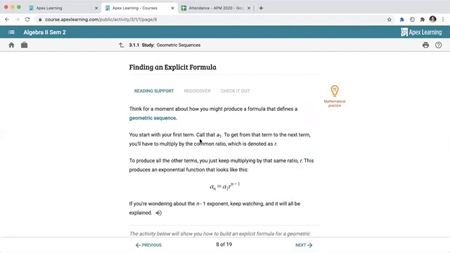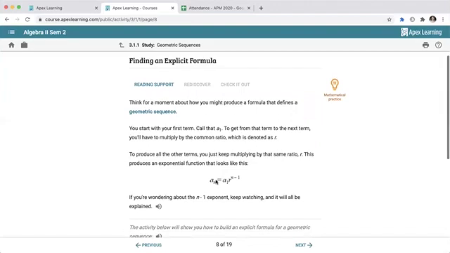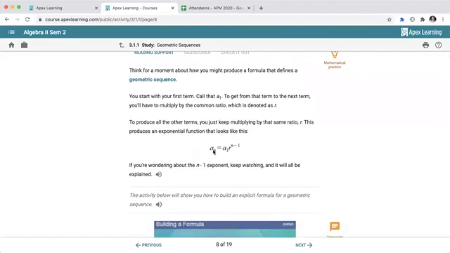Now, when we're looking at geometric sequences, obviously we would like to have a general formula that we can always reference. Similar to our formula for the arithmetic sequence, we're going to have it in terms of an, but our equation is going to shift slightly.